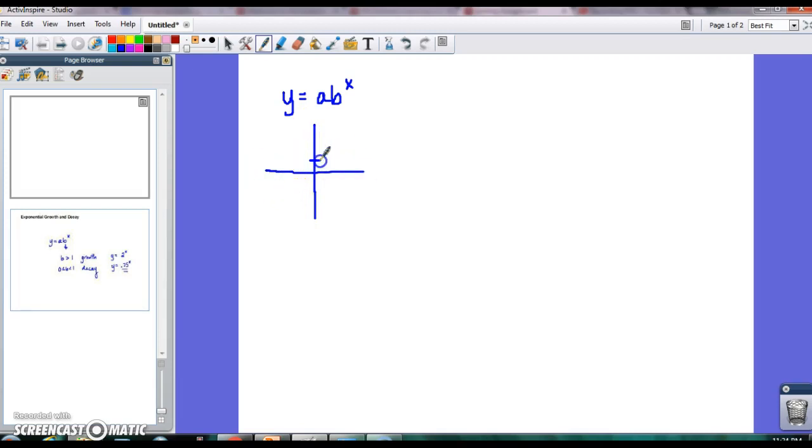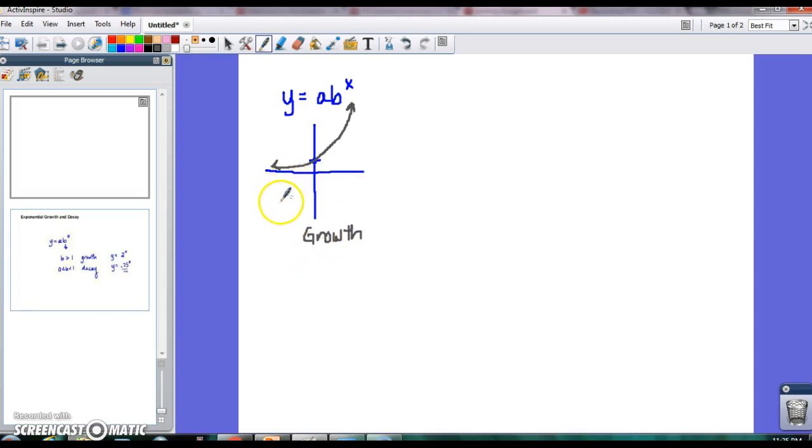Here's the point (0, 1), and our graph goes through that point. It increases a little, goes through that point, and then shoots up. That is exponential growth. It always goes through the point (0, 1).